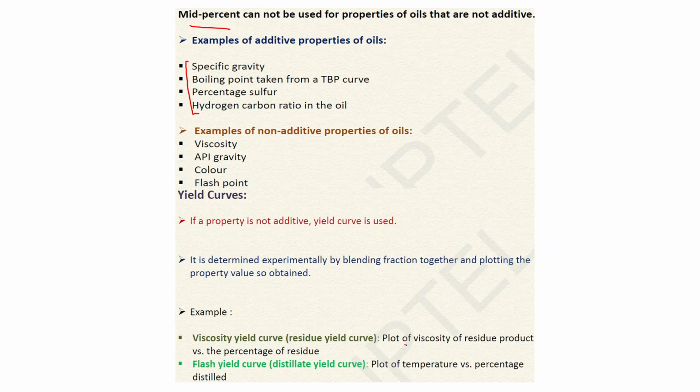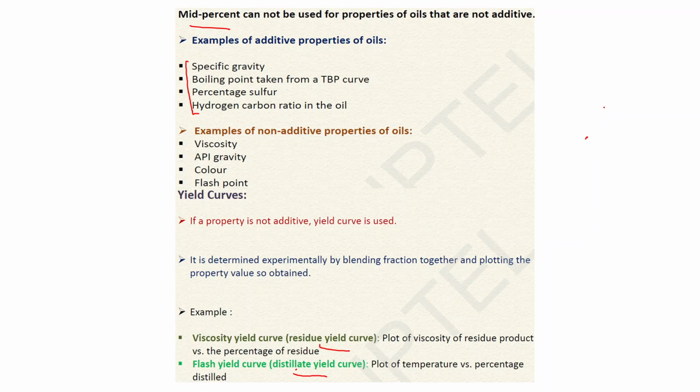So the viscosity yield curve is the plot of viscosity of residual product versus the percentage of residue. Suppose this is the residue yield curve and this is the distillate yield curve. When we distill a crude oil, we get two fractions. One is the distillate and one is the residue.